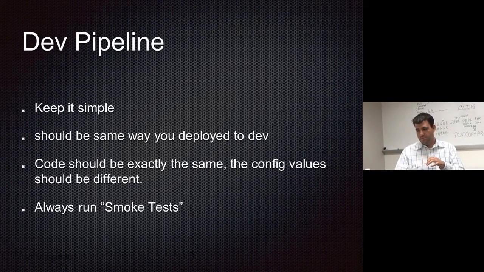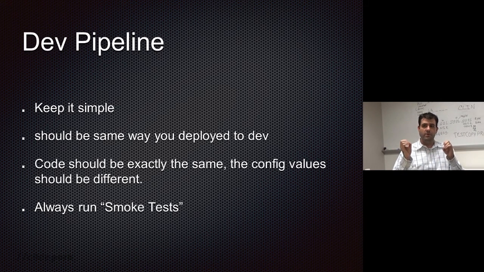So if we were to look at pipelines, because these are all a series of pipelines that are linked together, what we'll usually do in dev is keep it simple. We literally just want to get from our build environment out into dev, so we'll do our deployment and keep it the same way across every single environment. We're not going to differ in how we do our deployment.